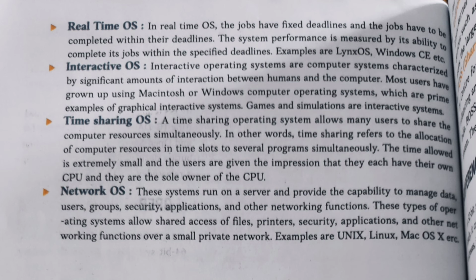Okay. Time sharing OS. A time sharing operating system allows many users to share computer resources simultaneously. In other words, time sharing refers to the allocation of computer resources in time slots to several programs simultaneously. The time slot of the computer resources is extremely small, and the users are given the impression that they each have their own CPU and are the sole owner of the CPU.